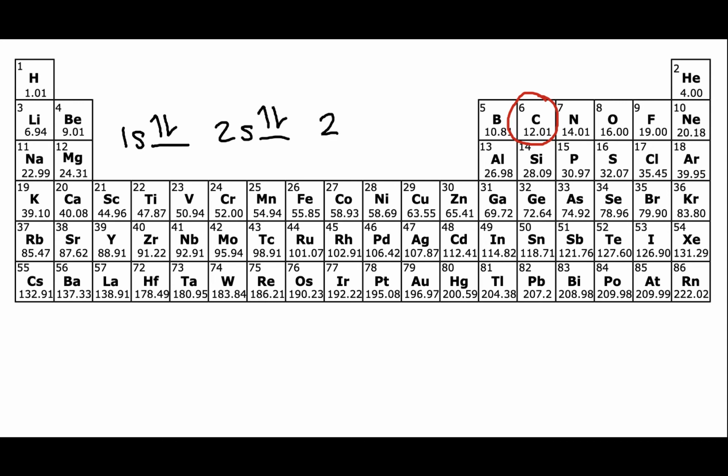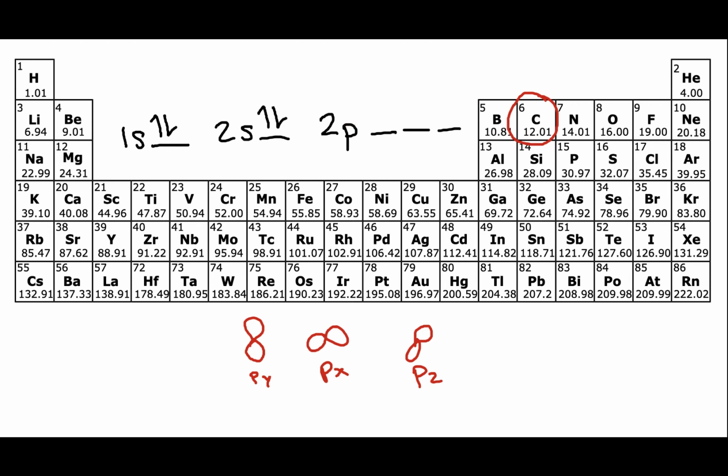And then we have the 2p. There are 3 types of p orbitals: the px, the py, and the pz. If you remember what our p orbital looks like, it looks kind of like a figure 8. So this would be the py in the y-axis. Then we have the px in the x-axis, and the pz.